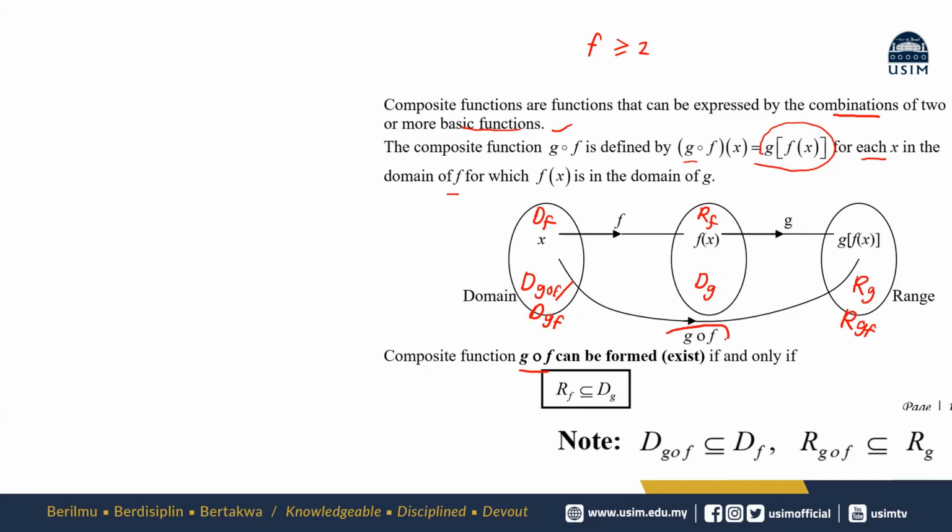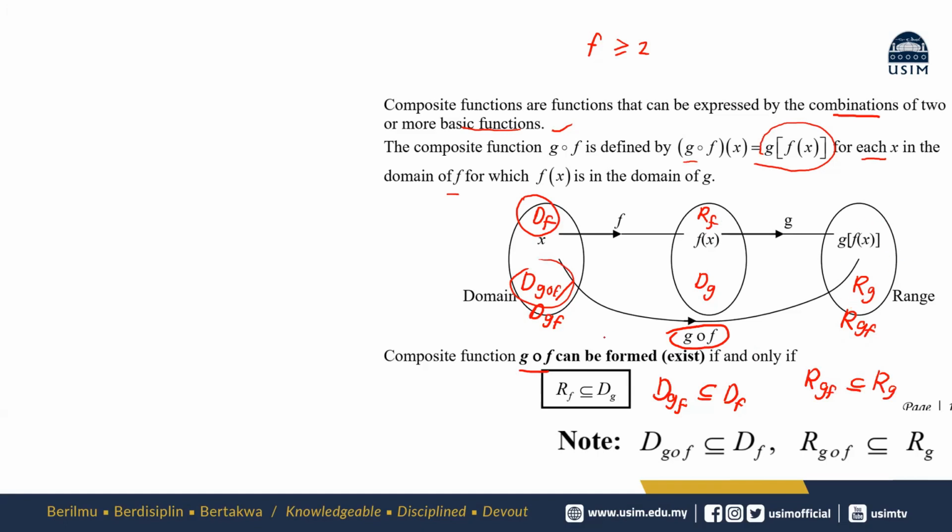So this is our G compose F. Automatically we know that the domain of GF is a subset of the domain of F, meaning the elements of the domain of G compose F are the same as the domain of F. For the range, the range of GF is a subset of the range of G, because they are in the same circle.